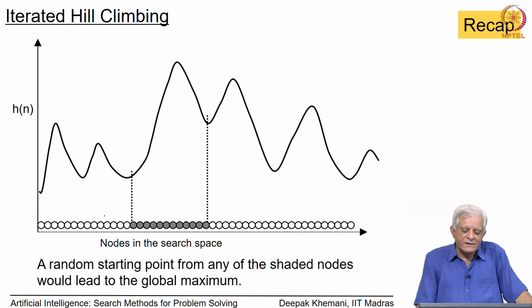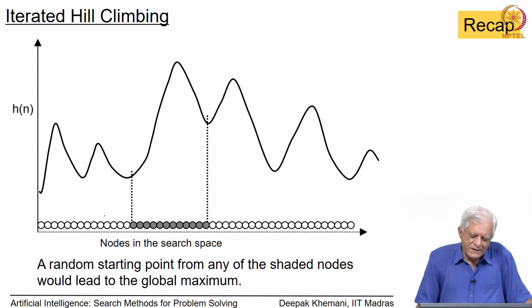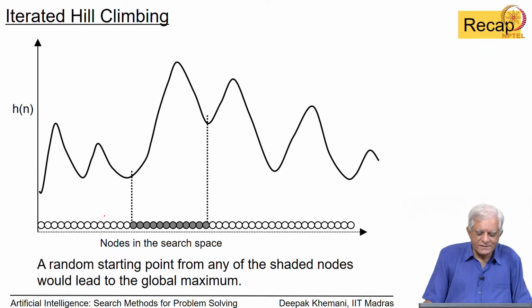Now, how do genetic algorithms perform? Let us recall that when we talked about iterated hill climbing, we said that we will start with many random initial positions, and we are talking in the context of solution space search.